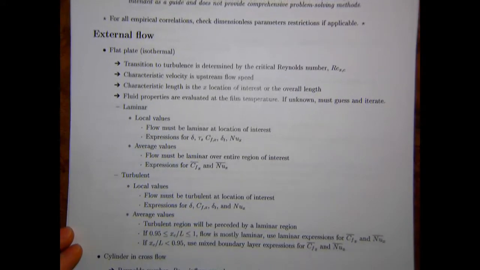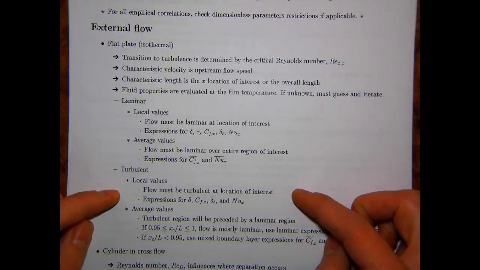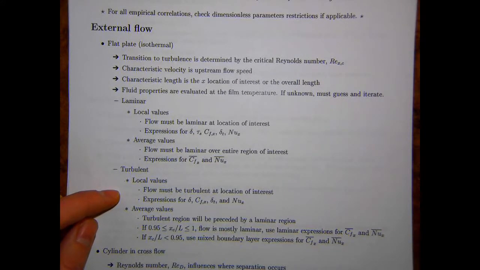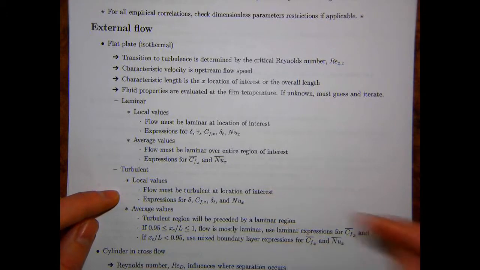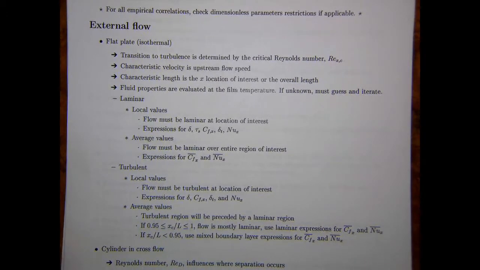Similar thing for turbulent. For local values, the flow just has to be turbulent at that location, and we have expressions for these local parameters. For average values, now you're talking about a length of the plate, and the turbulent region is always going to be preceded by a laminar region.